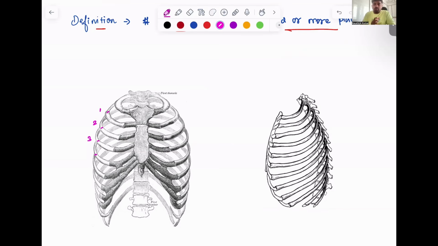At two or more different places. So if you take this rib, this patient had suffered fracture in the same rib at two different places. It could be more than two different places also, but definitely the fracture has to be at two different places in the same rib, right? So this is what they mean by flail chest.